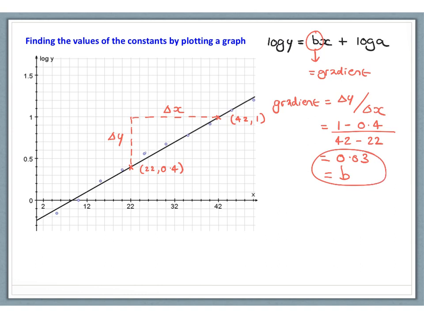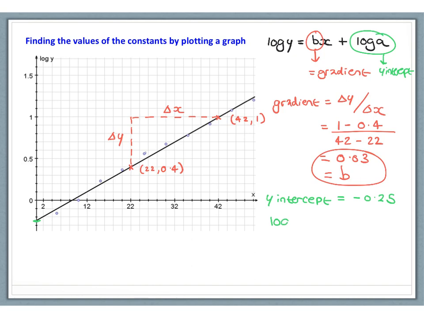Now the y-intercept is a little bit less clear, so we're going to have to estimate this a little bit. So the y-intercept is equal to negative 0.25 approximately. And of course, this is equal to log a.